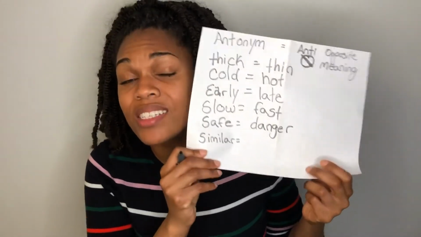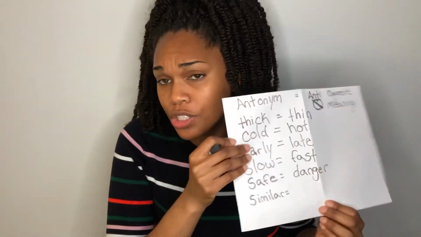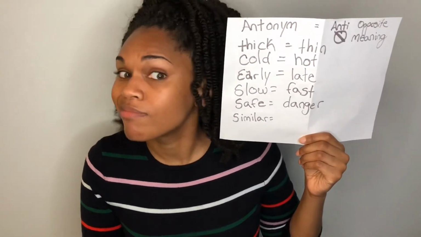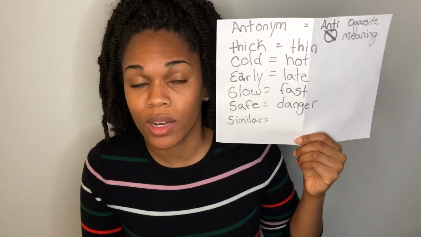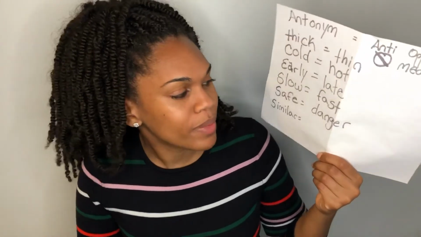So we're going to write that down. D-A-N-G-E-R. The opposite of safe is danger. So if you know that you're walking in the middle of the street and you didn't look both ways, that wasn't a safe way to walk across the street. That is very dangerous.